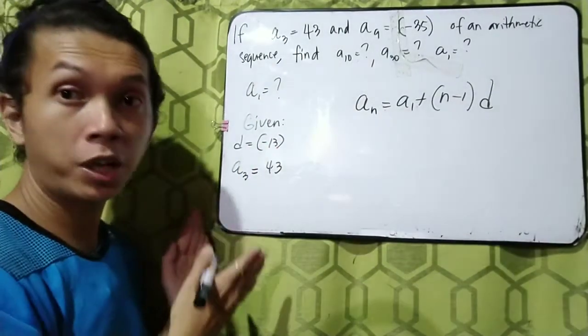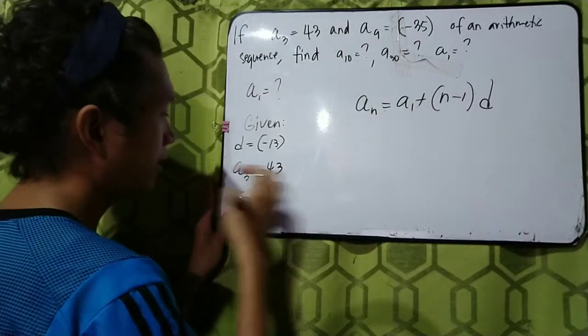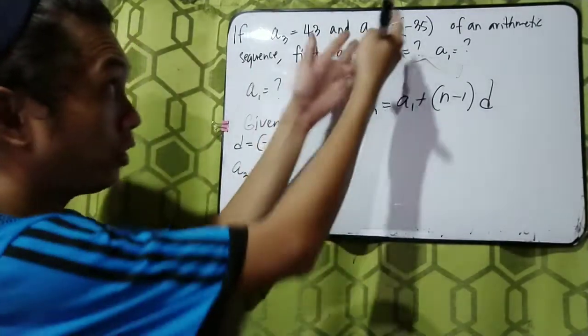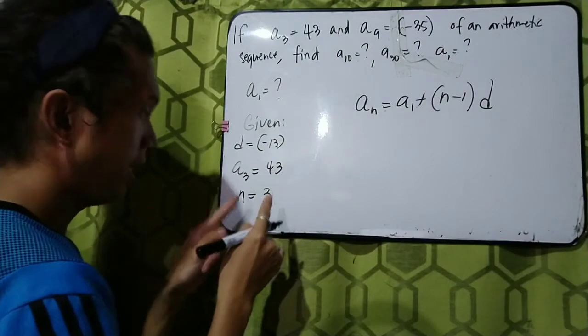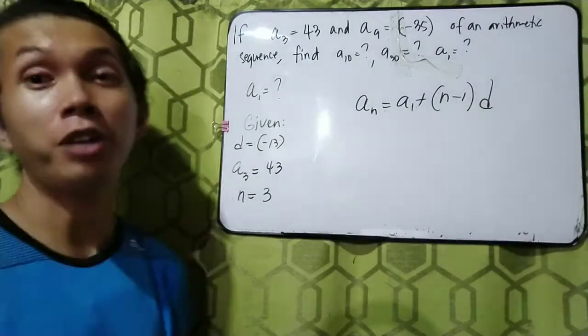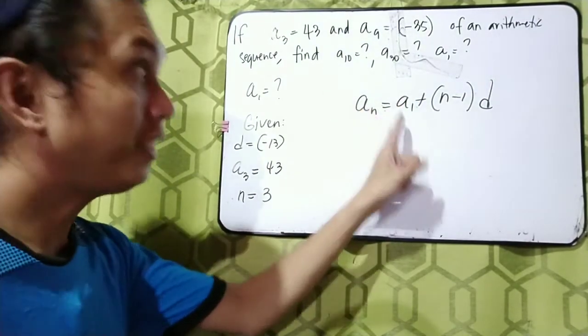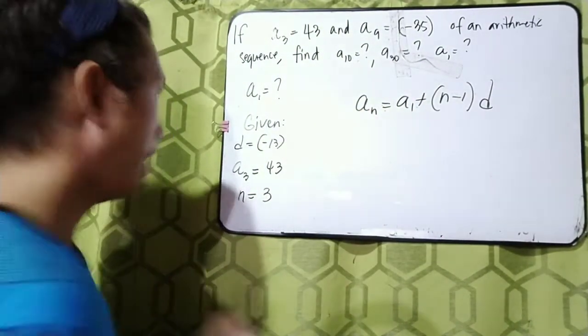And this is our last term, so meaning n is equal to 3. You can actually use a sub 9 and your value for n is equal to 9. And now we are not going to set anymore since we are finally looking for the value of a sub 1. Okay?